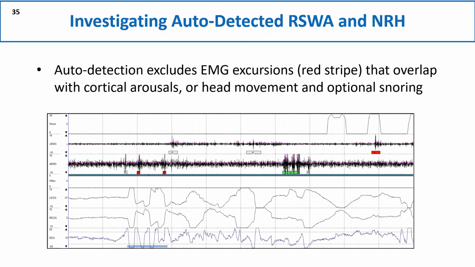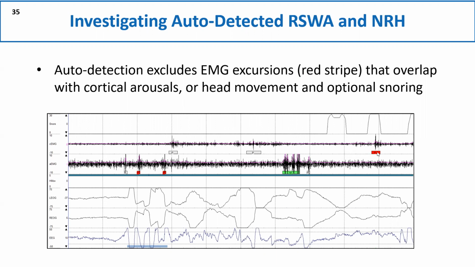So one of the things we're doing with our algorithms is developing the capability of automatically detecting phasic, tonic, and mixed REM sleep without atonia. We've expanded the capabilities of Sleep Profiler to also measure from the arm as well as the chin. As part of this development, these red stripes mean we're identifying events, but we're excluding them because they occur during a cortical arousal.